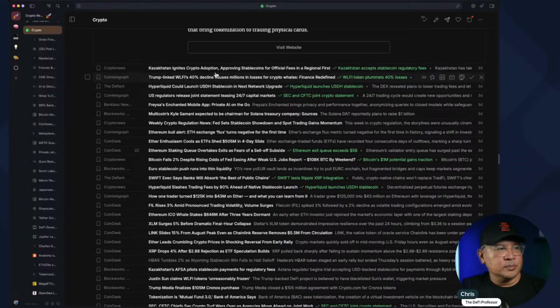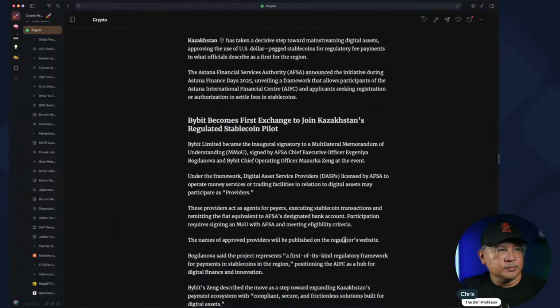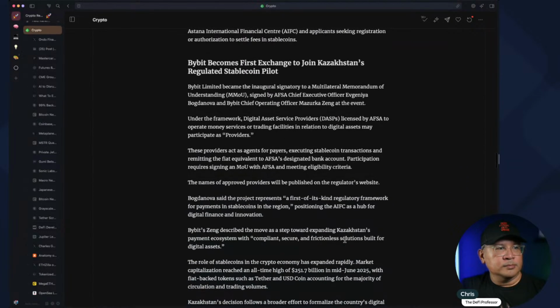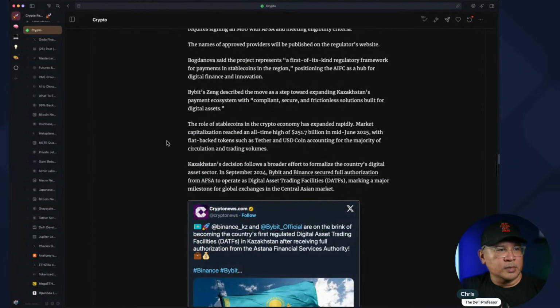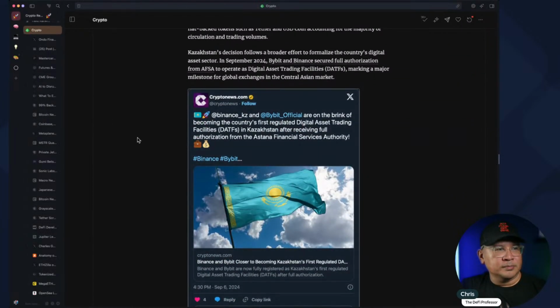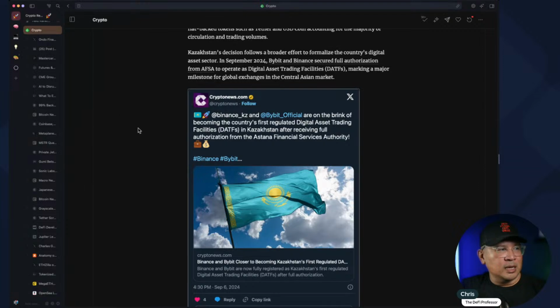Good for them. I'm assuming it's their own stablecoin. Binance and Bybit are going to be one of the first two digital asset trading facilities. Good for you, Kazakhstan.